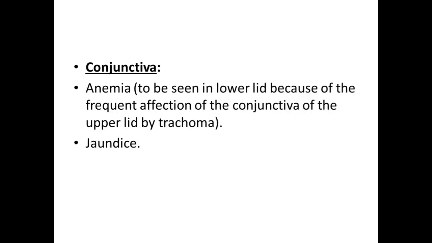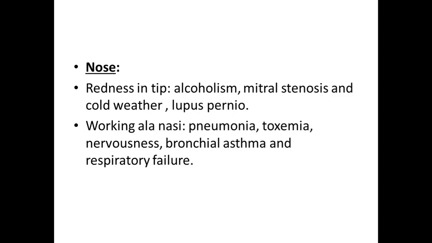This is what we mentioned also regarding anemia, if there is pallor of the conjunctiva or jaundice. Examining the nose for diseases related to the respiratory system: redness of the tip suggests alcoholism or mitral stenosis, but very important is lupus pernio, which is destruction and hypertrophy of the nasal tip, in cases of sarcoidosis.